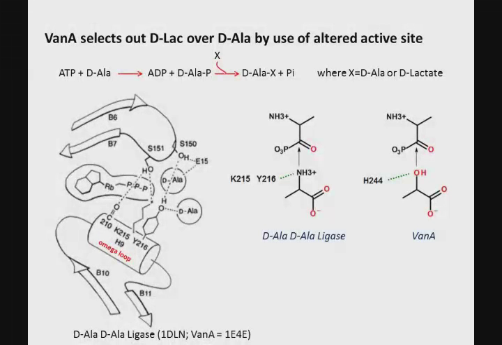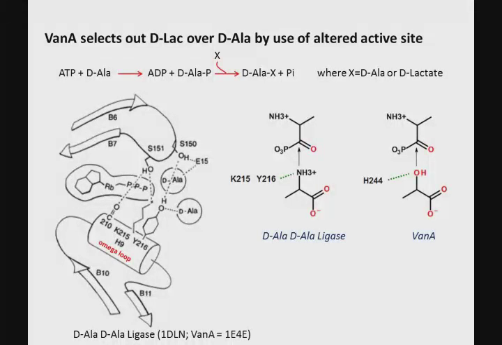So what we have is our ATP binding pocket and our two substrates. And in the regular ligase, in the regular wall, in a susceptible organism, you need to bind these two substrates. And you've got a tyrosine here that allows the first D-Ala to bind. You've got a serine up here where the second one binds. And what you see is in our regular ligase, that tyrosine activates the NH to attack the second D-alanine, and you'll make a dipeptide.